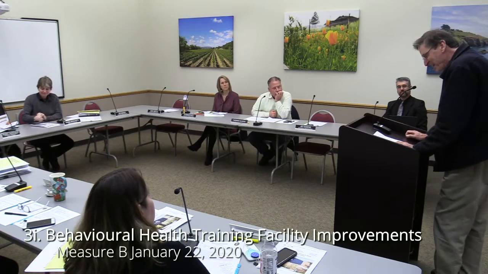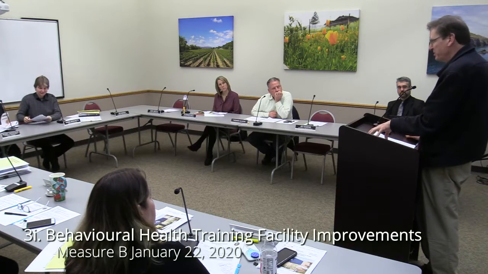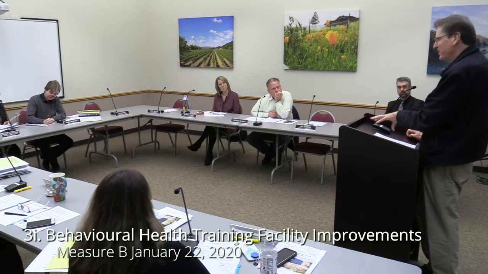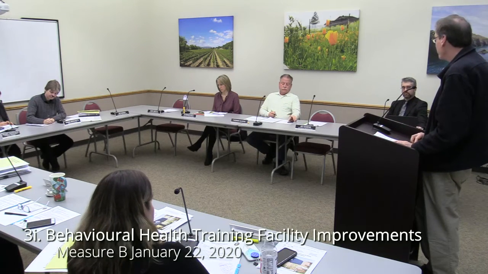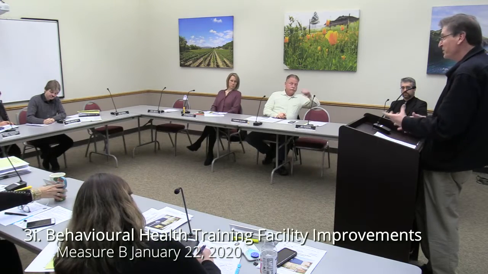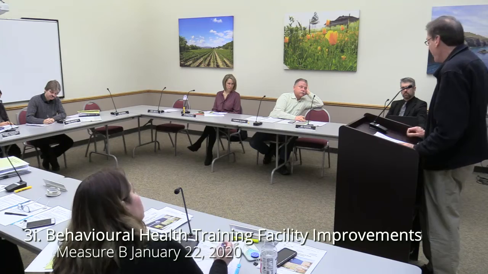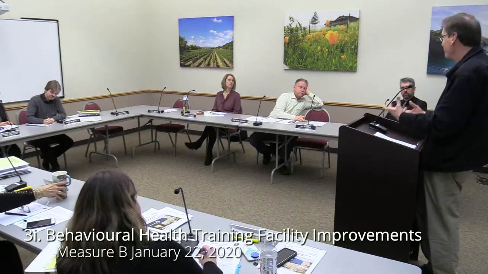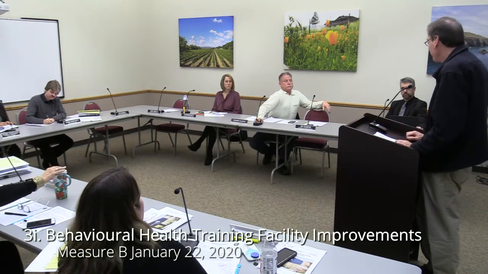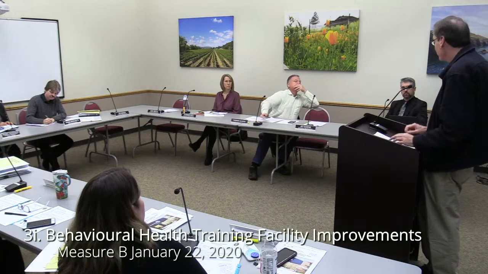Yes, thank you. I think that there's two issues here. One was the $50,000, which got approved for those renovations that needed to be done for the facility to make it into a training facility. And we approved that, and hopefully that's going forward with the ripping out the pews and putting in the carpet and all that.